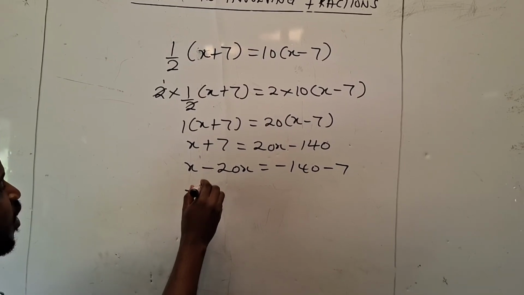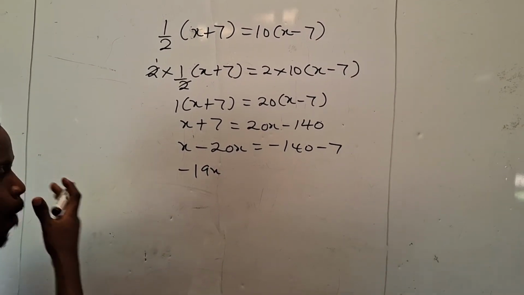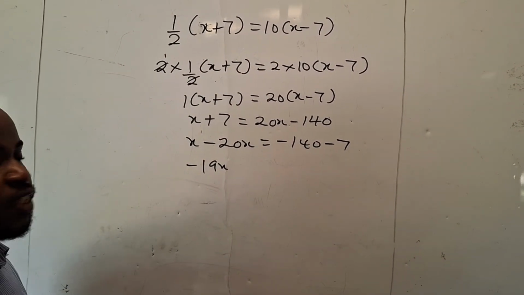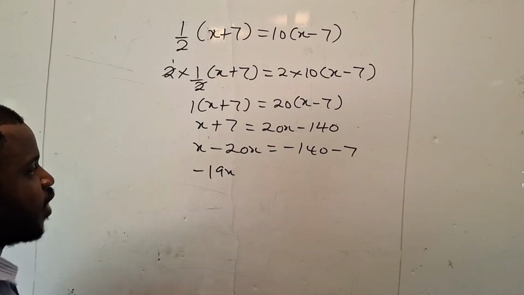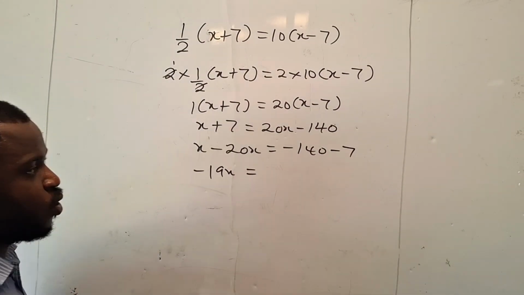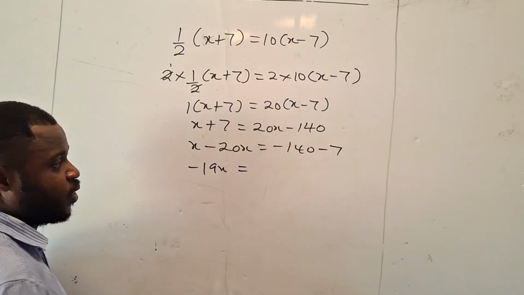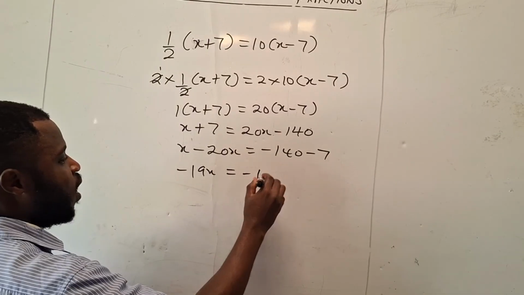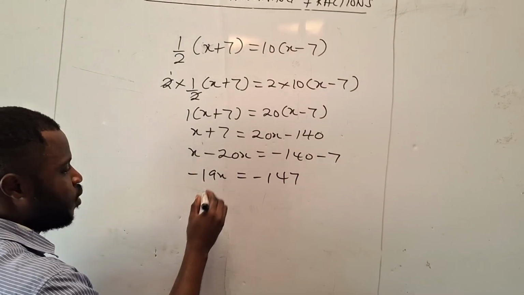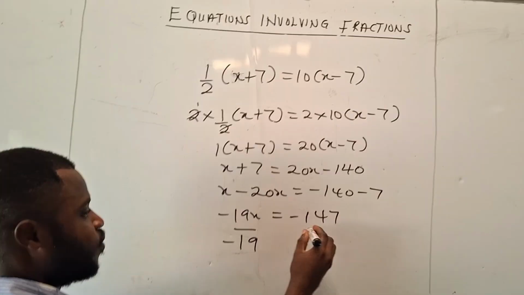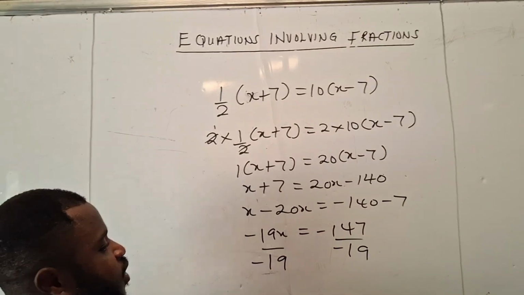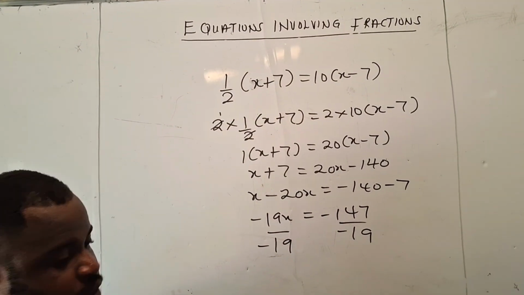So here will give us negative 19x. Negative 19x will be equal to negative 140 minus 7 will be negative 147. You divide both sides by negative 19, negative 19.